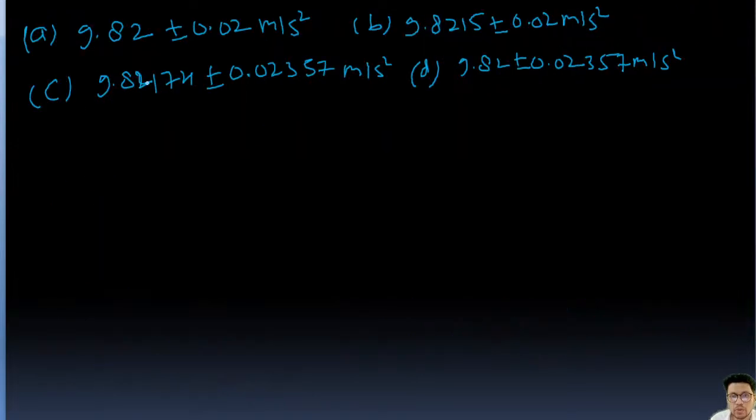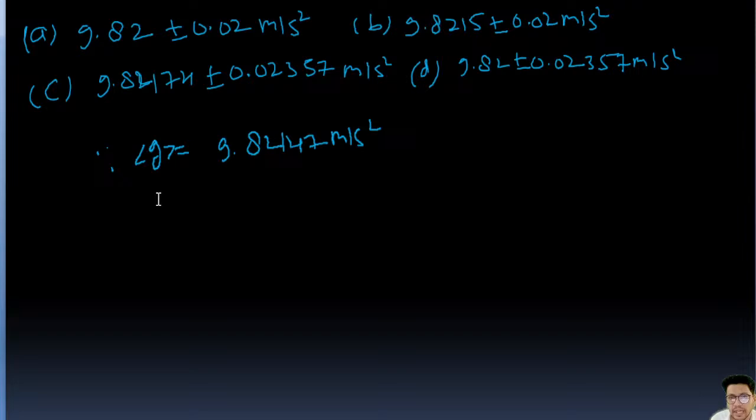Since the mean value of g is given, it is 9.82147 meter per second square. This is given, that is, the mean value of g.